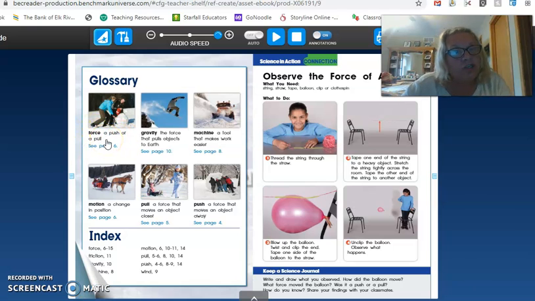So if you needed to know the meaning of a word, you could look in the back in the glossary. Now, down here is the index. It gives you the page numbers of where you can find those words. So if you want to go back and reread it again, that's how you would find what page it is on.